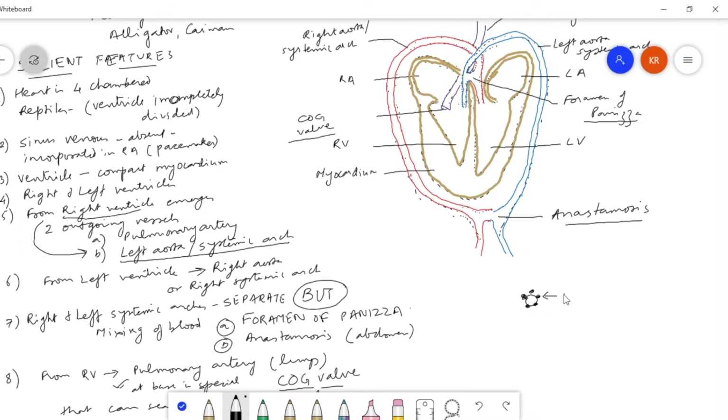So these are nodules of connective tissue. This part is actually like a gear, and it goes and fits into the pulmonary valve very firmly.